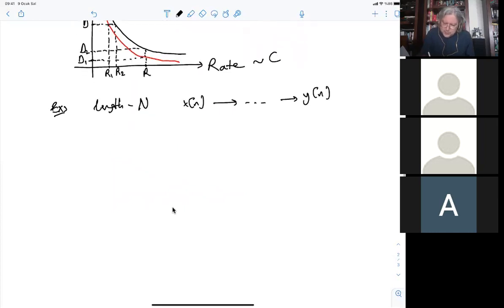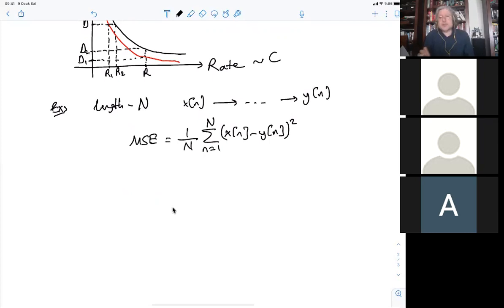You just need to sum up x of n minus y of n and take the square of it for all n from 1 to capital N. Okay, and then divide everything by N. This is the mean squared error, for example. So this must be small, of course. We want y to be as close to x as possible. So x minus y must be a small error, right, that we will be talking about.